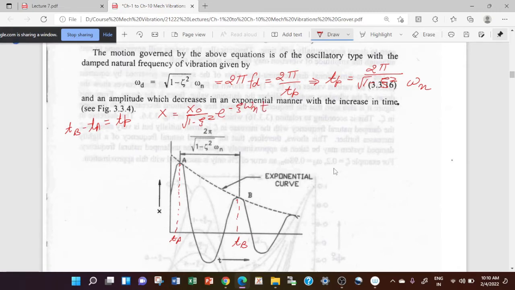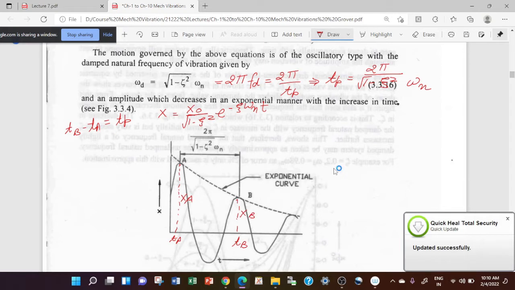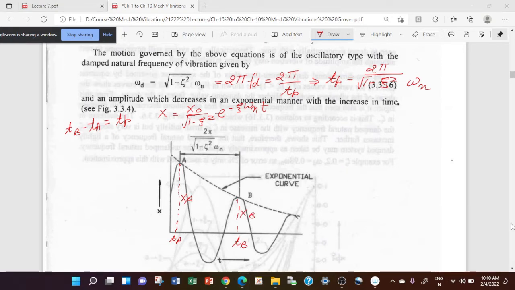So suppose at time TA the amplitude is xa, and at time TB the amplitude is xb.